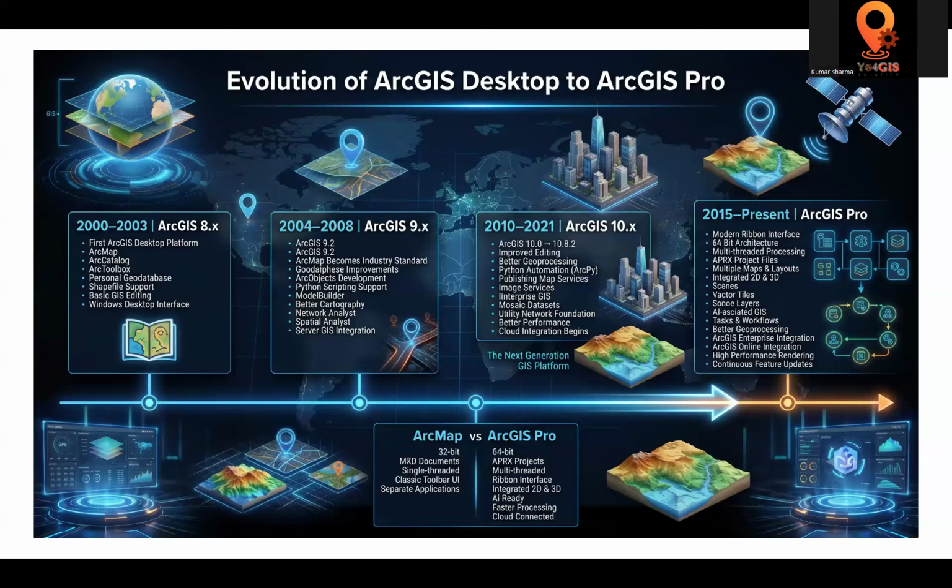After that, 2010 to 2021, it was a long time, we used ArcGIS 10.x. After 2015, ESRI launched ArcGIS Pro, and ArcGIS Pro is equipped with totally new technology, totally new look and feel. Everything is new in ArcGIS Pro.